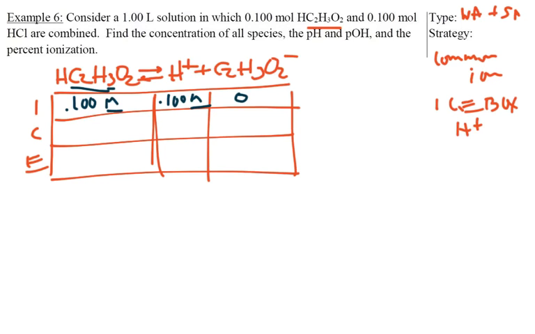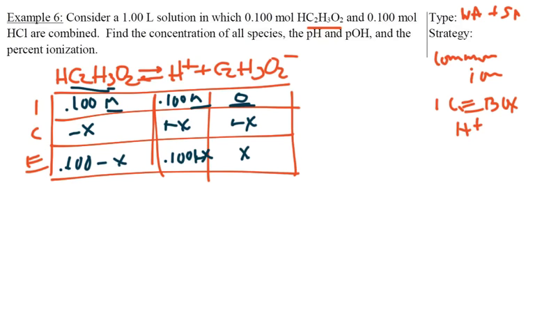So kind of like common ions we've seen before, we have two initial values. It's going to have to shift to the right to reach equilibrium because there's 0 acetate. So it's going to be minus X, plus X, plus X. At equilibrium we have 0.1 minus X, and 0.10 plus X, and X.